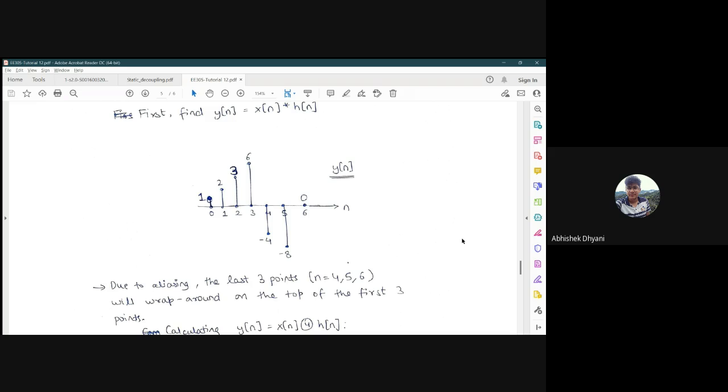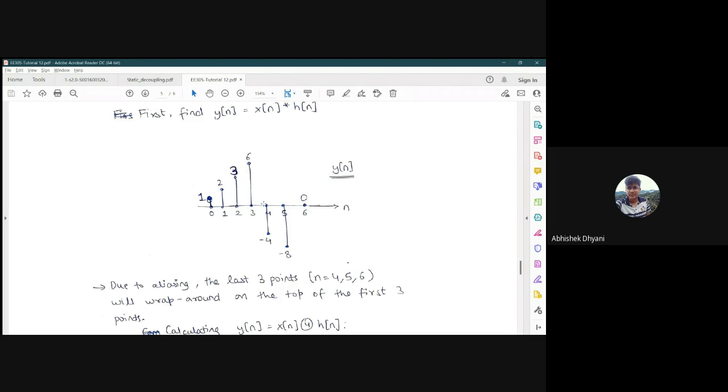We remember we said that circular convolution is nothing but linear convolution plus aliasing, and you can note that here as well. If I take this sequence and take these 3 points and overlap them with these 3 points, then I will get the circular convolution.